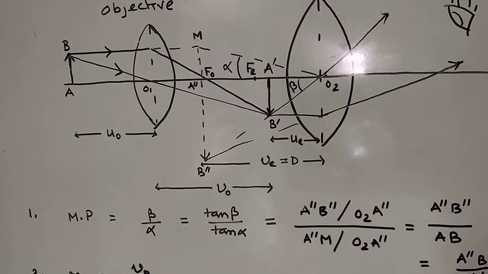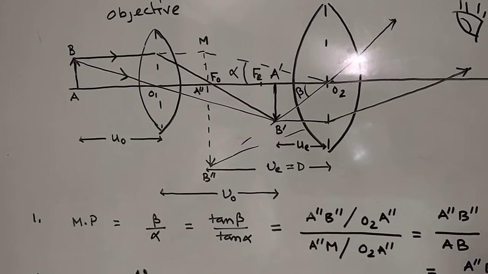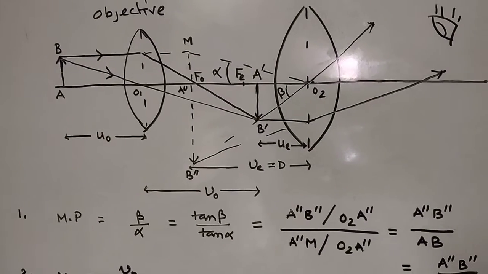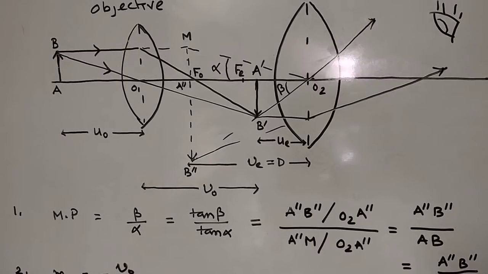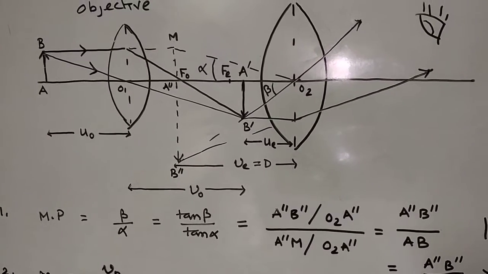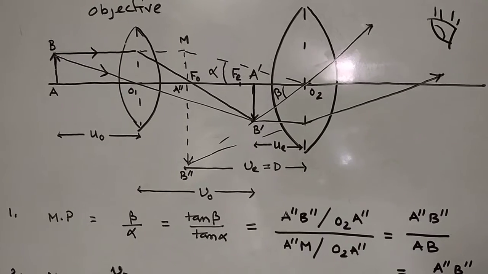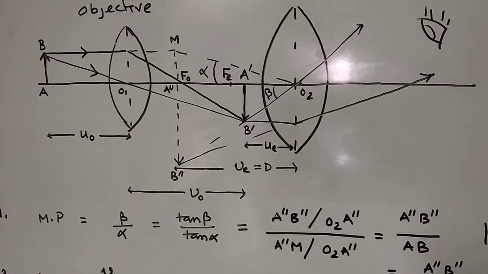Now as per the definition, magnifying power is beta by alpha, so tan beta by tan alpha. So for tan beta, you will get A double dash B double dash by O2 A double dash, and for tan alpha, A double dash M by O2 A double dash.